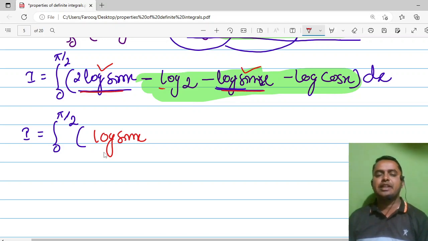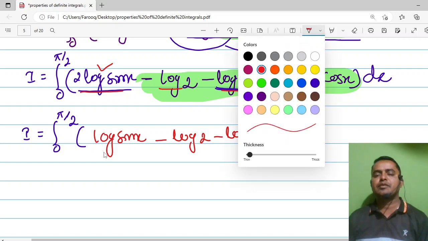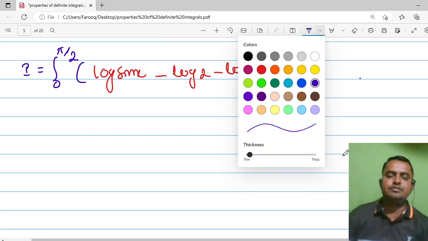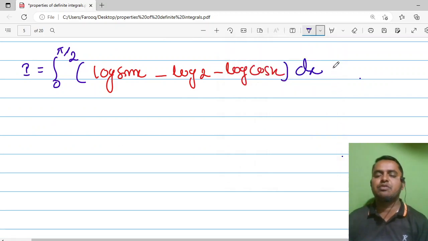Minus log 2 as it is, minus log cos x as it is, dx. I hope you got these steps clearly. Now call this equation 1.